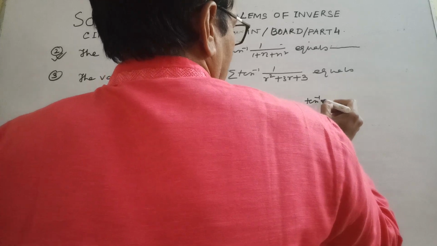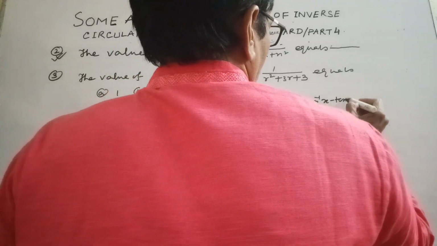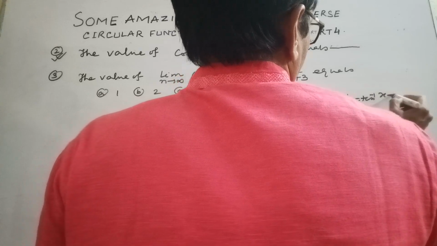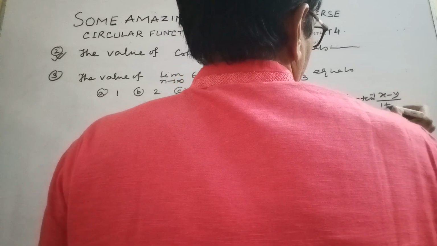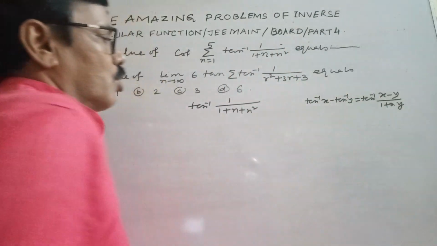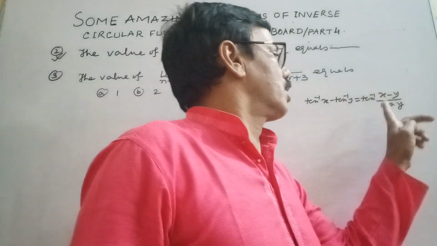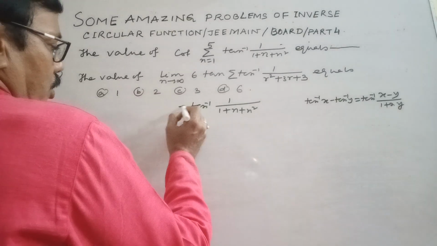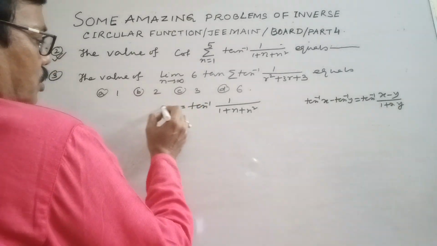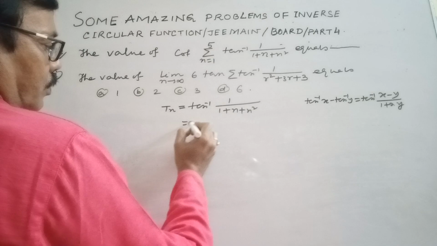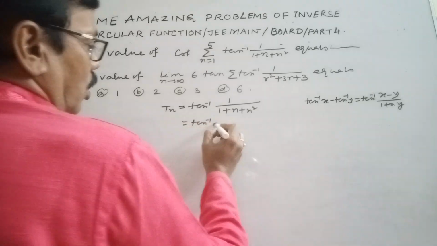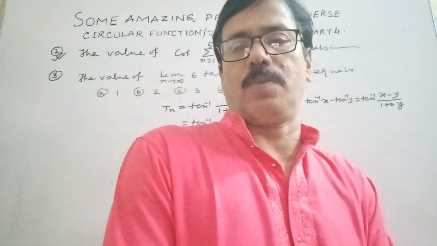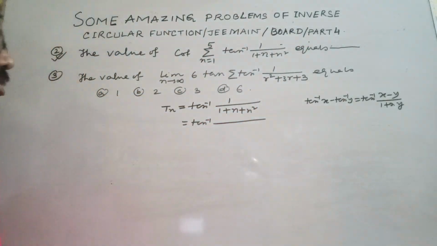Now I have already discussed this. I will use this formula in each case: tan inverse x minus tan inverse y. So suppose this is Tn. Our main aim is to express Tn as a difference of 2 tan inverse.